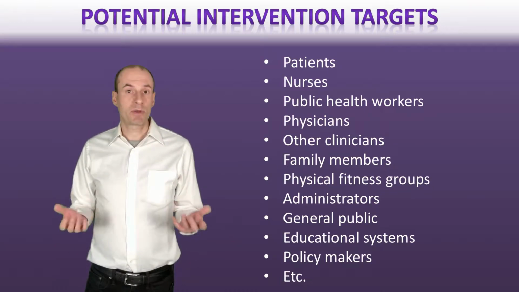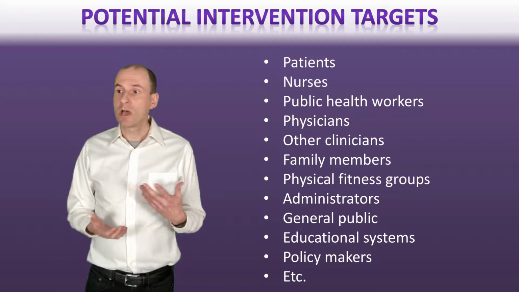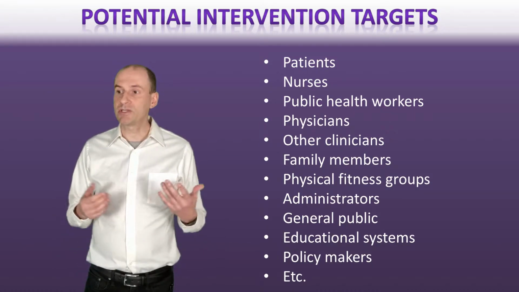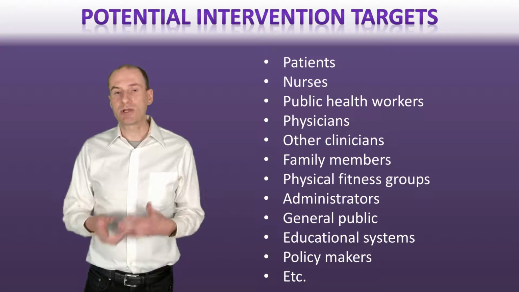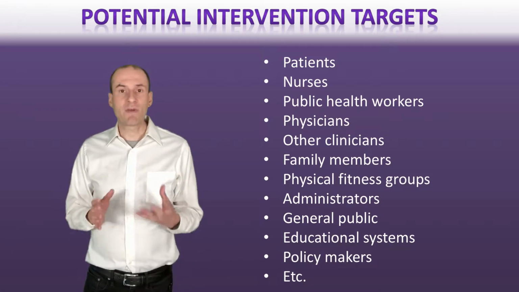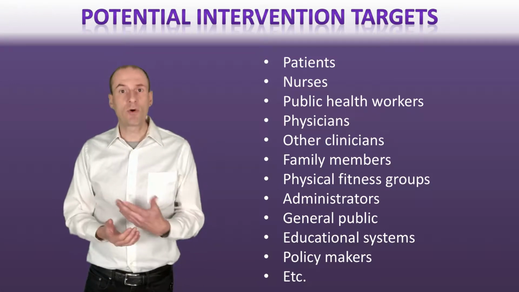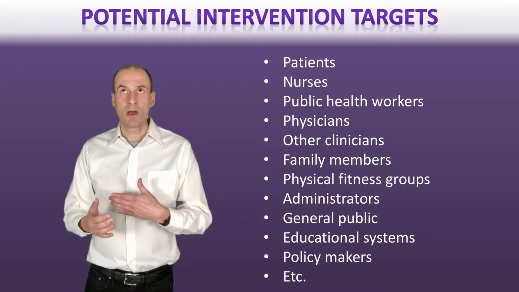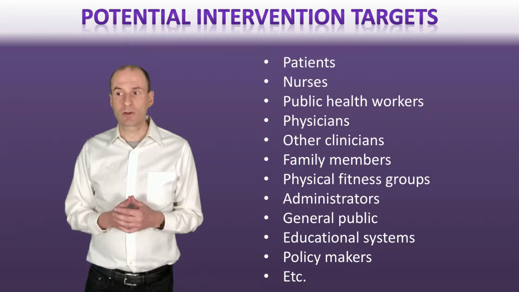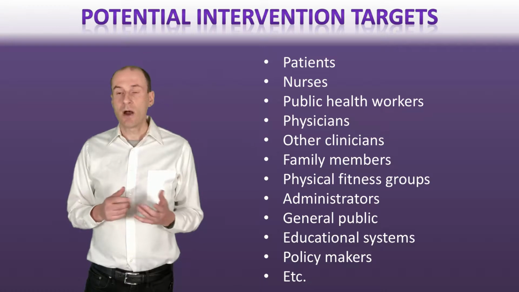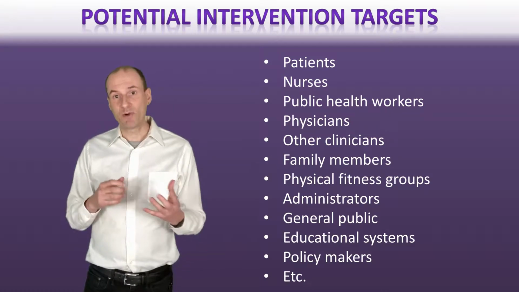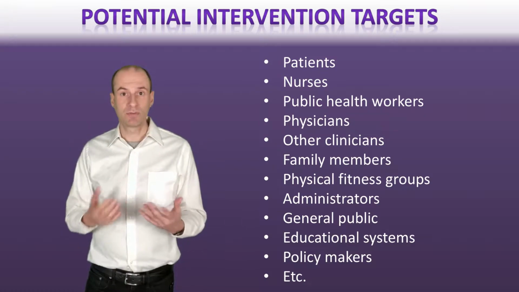So we're thinking about patients or nurses or public health workers or physicians or other clinicians or administrators of various sorts. There's a whole range of different people who you might want to be the focus of the change that you're trying to make in a clinical context. Or, as is often the case, you're focusing on a subset of multiple potential groups.